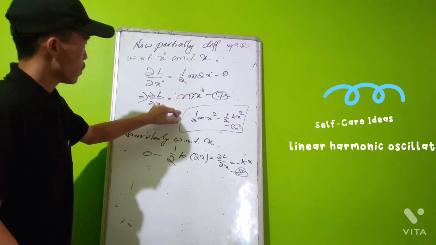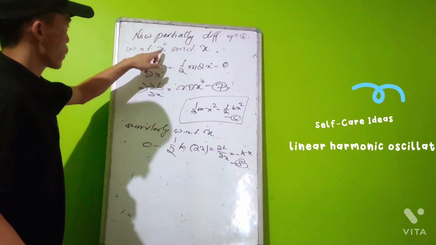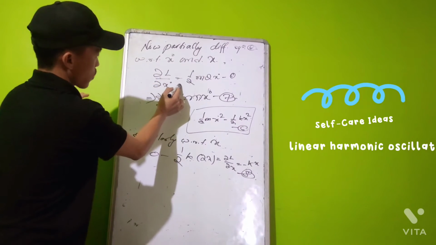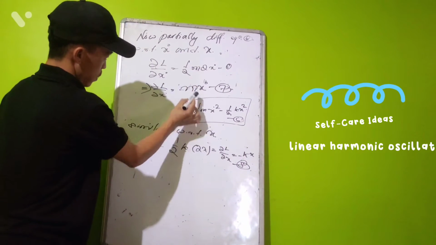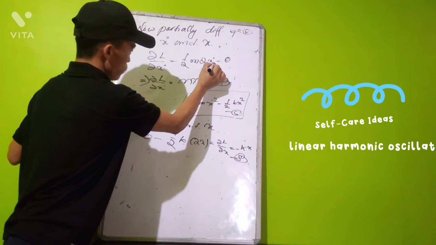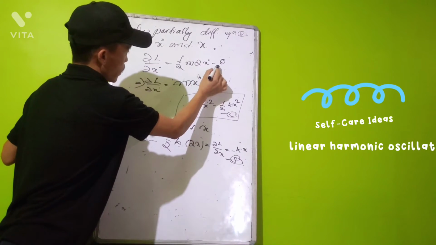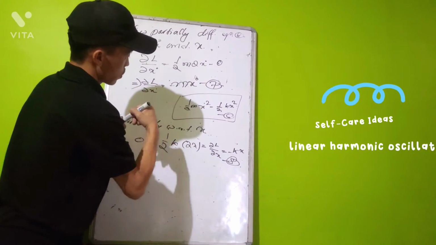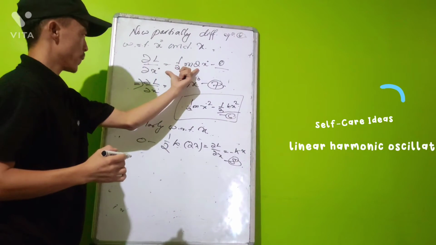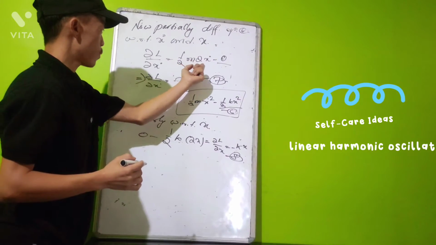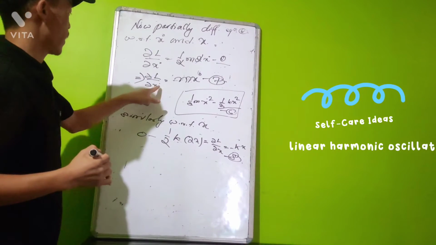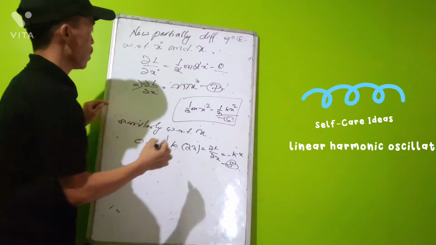Partially differentiating this equation with respect to x dot and x, we get del L by del x dot equals 1 by 2 m into 2 x dot. Differentiating with respect to x dot, the second term totally becomes 0, so the equation only remains 1 by 2 m into 2 x dot. This 2 gets cancelled, so del L by del x dot is m x dot, which is our equation 7.